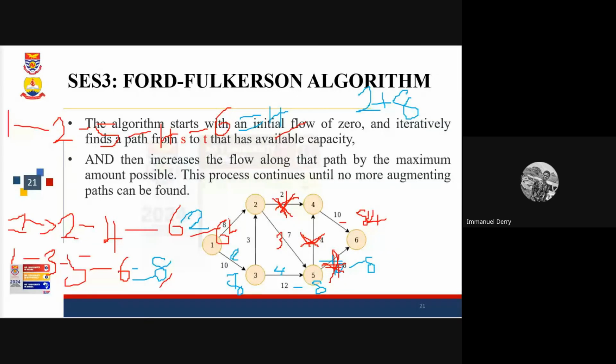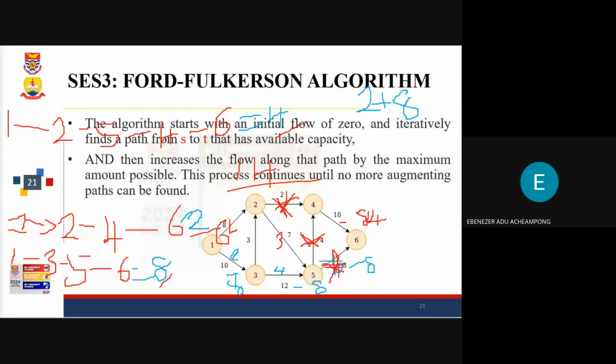So 8 plus 2 plus 4, that is 14. So for this particular flow network given to us, the maximum flow is 14.